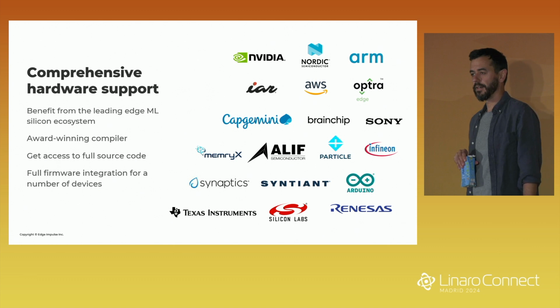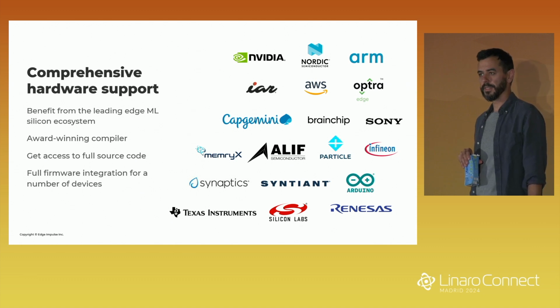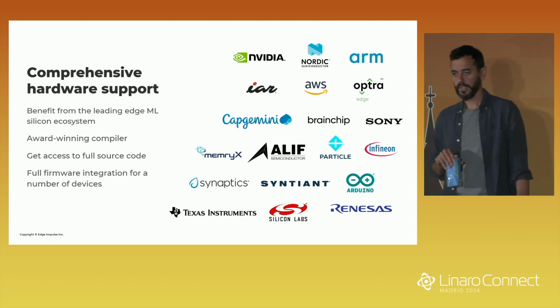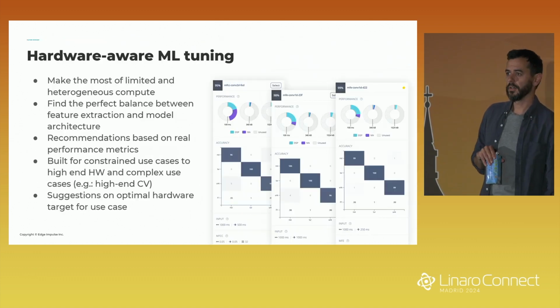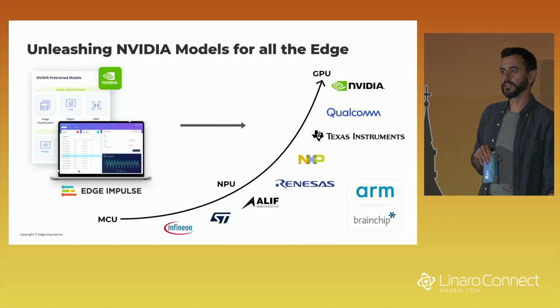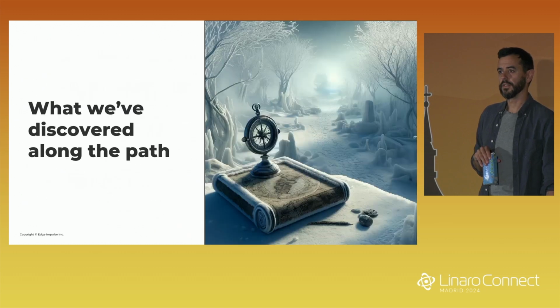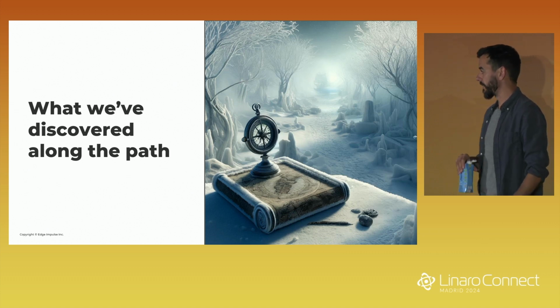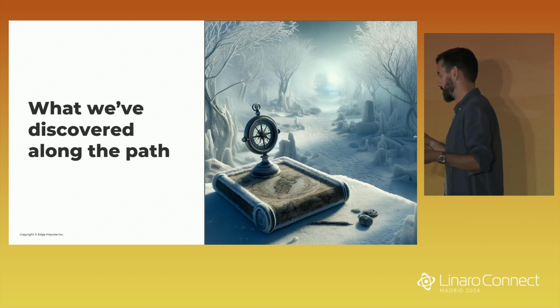We have an Eon compiler that I'll talk about in a minute. You get access to all the source code and so on. And now let me go through the talking points because I want to get to the good stuff. What we've discovered along the path of creating a massive platform that is successful.